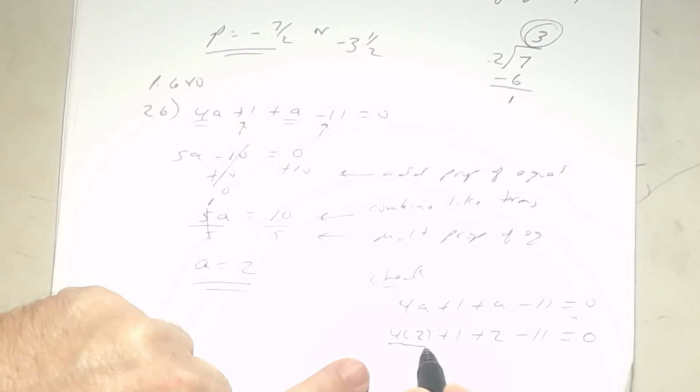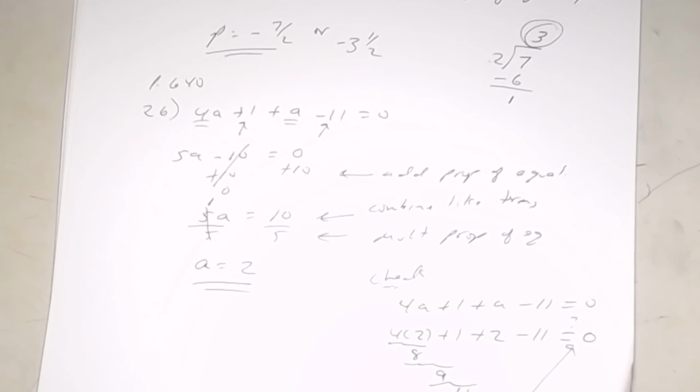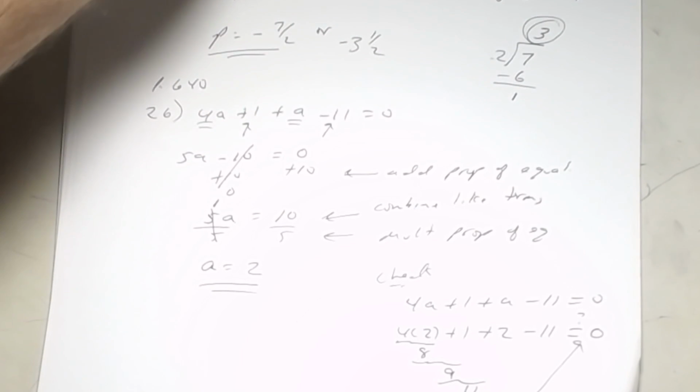All right. What's 4 times 2? What's 8 plus 1? What's 9 plus 2? And what's 11 minus 11? And that's what you wanted. Okay? So all that was addition, right, except for multiplication. And so you do multiplication and the subtraction from left to right. Okay. All right, let's look at the next one.